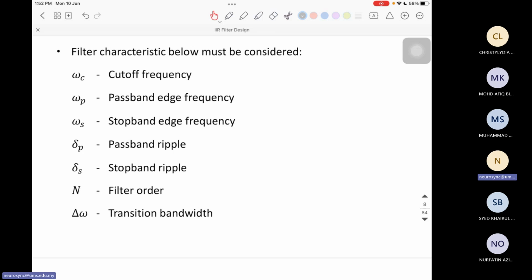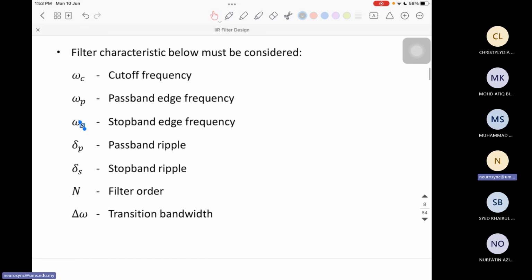In case of a non-ideal filter, we have the cutoff frequency, then the pass band edge frequency, omega p, and omega s, the stop band edge frequency. We have seen pass band and stop band filters. S subscript is for the stop band edge frequency, omega s.